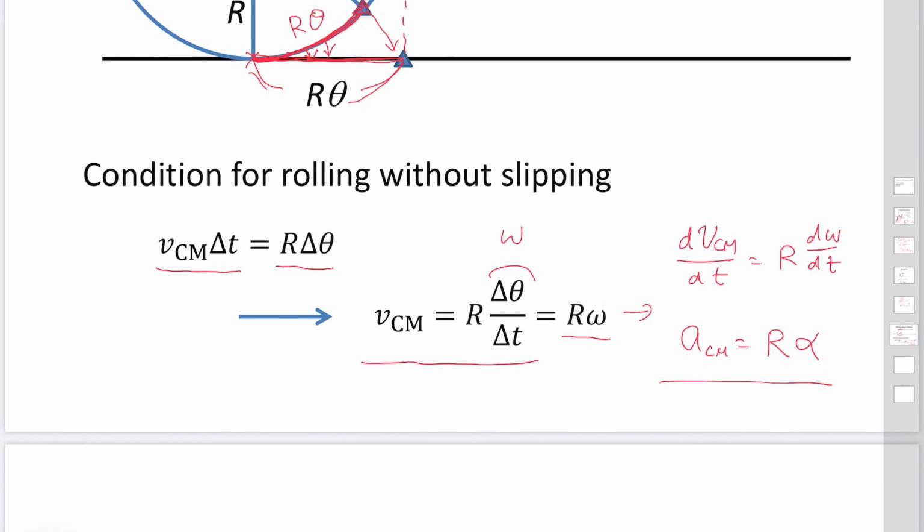The acceleration of the center of mass is equal to r times alpha. We are going to use these equations to solve some practice questions. So you've got to be familiar with these equations. Okay, this is the end of this session.